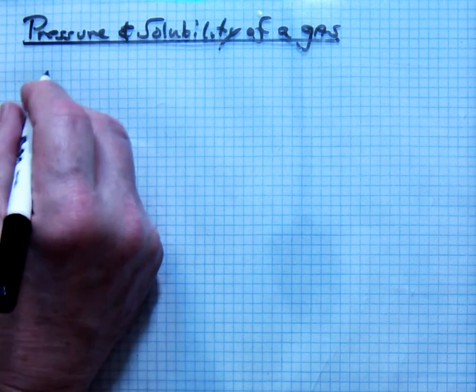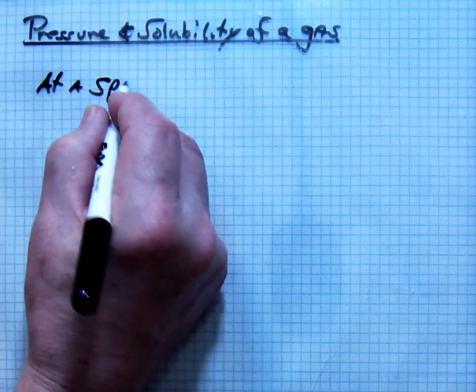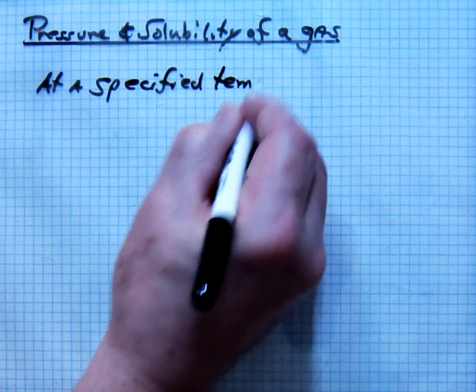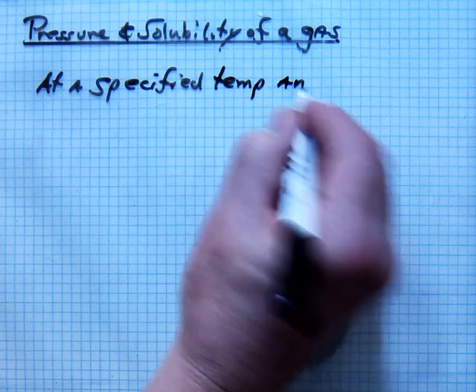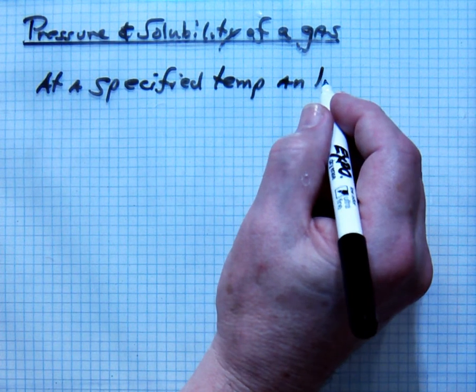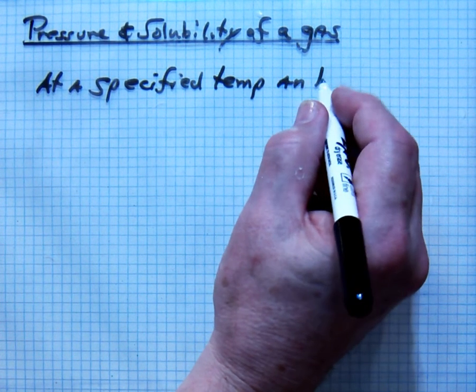In general, at a specified temperature, an increase in pressure will increase the solubility. Of course, you've got containers delivering each of its components.